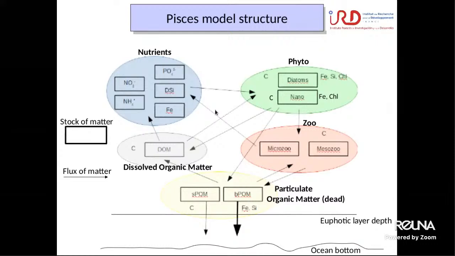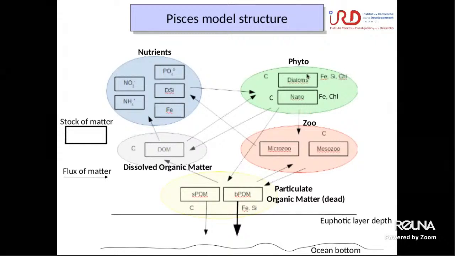Also, what is represented is the carbon cycle. Here you have inorganic nutrients, and when they are incorporated in phytoplankton, the matter of phytoplankton is described in different ways: as a concentration of iron, a concentration of silicate, and a concentration of chlorophyll in the phytoplankton.